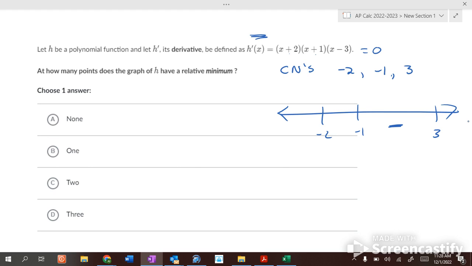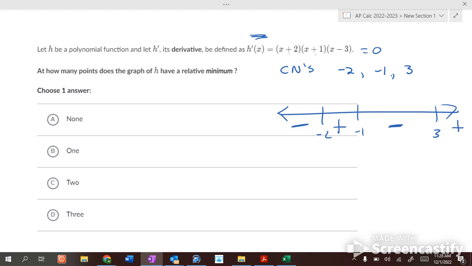A positive times a negative is a positive. On the other side of -2, with like -10, makes a negative times a negative times a negative, which is a negative. On the other side of 3, let's take 10. A positive times a positive times a positive is a positive.